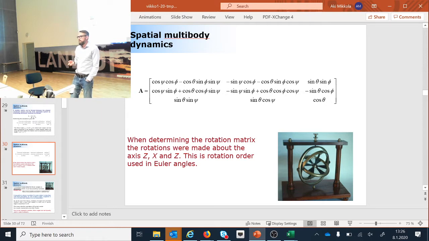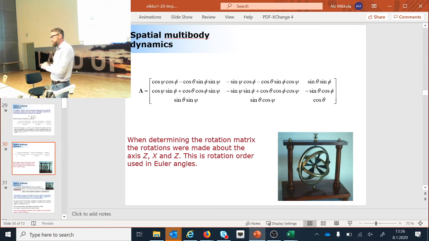So the gimbal locking is not like a mechanical lock that takes place, but is a description of rotations in 3-dimensional space using Euler angles, and is a configuration where 2 angles become parallel.